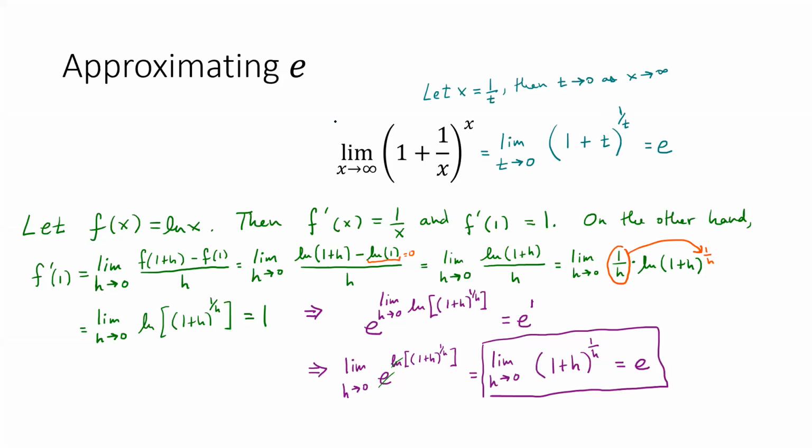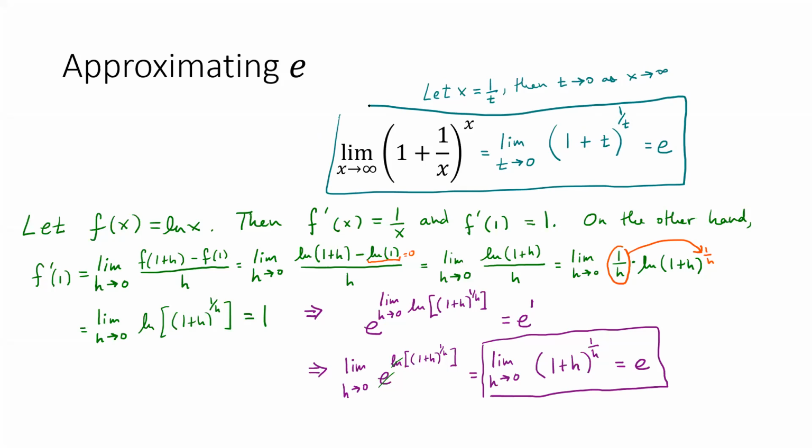So this is an alternate way to express the value of e: as the limit as x approaches infinity of 1 plus 1 over x to the power of x.